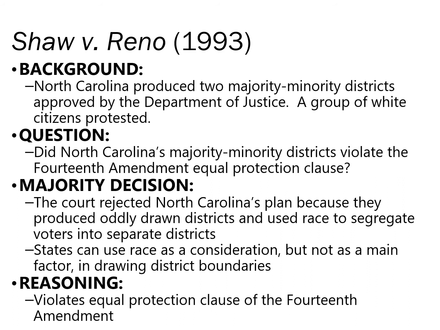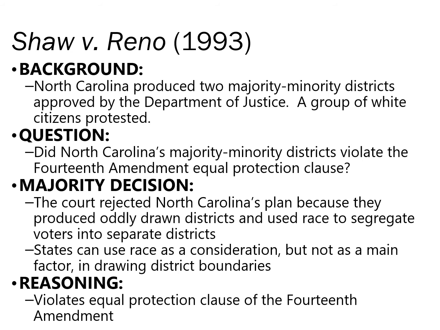So they were 2 districts made up of mostly African-American voters, and a group of white citizens protested, saying that they were being discriminated against. And so the Supreme Court has to determine, do these majority-minority districts violate the Equal Protection Clause?